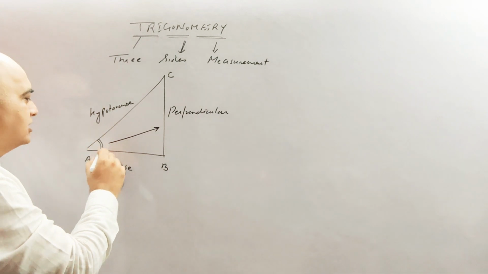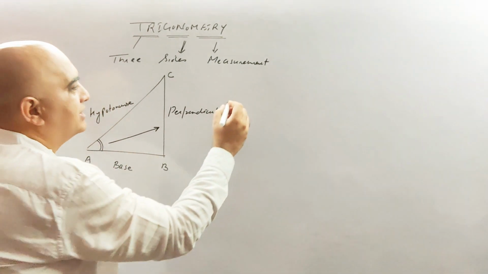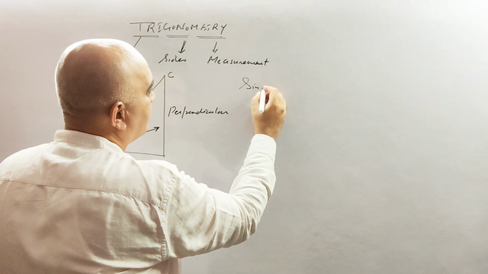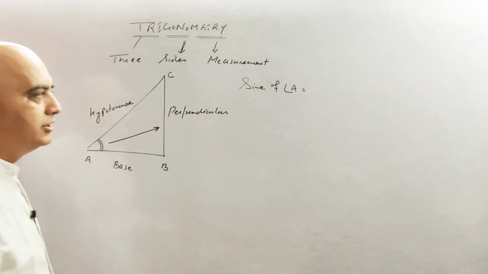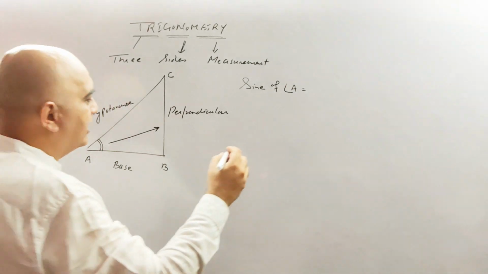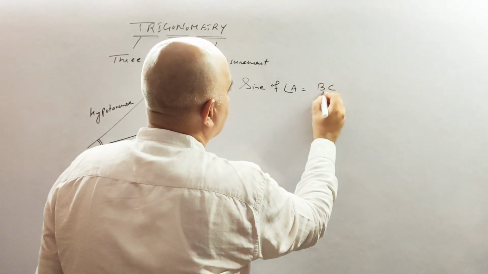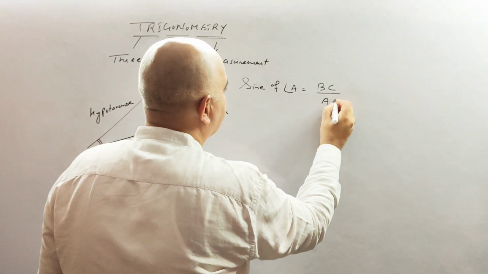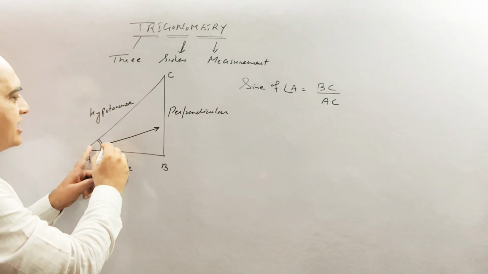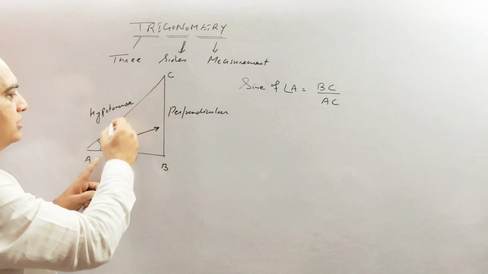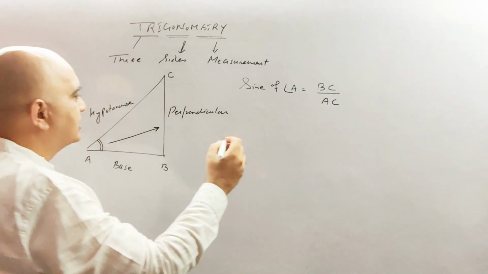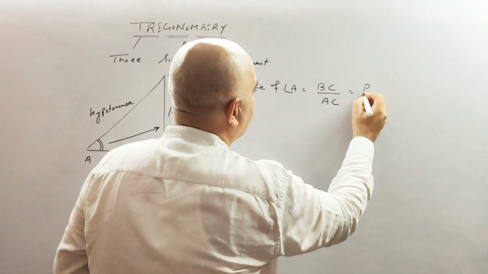Whenever we calculate the sine of angle A, then sine of angle A is defined as BC upon AC. BC means the side which is opposite to the given angle A upon this hypotenuse. So we can say it is perpendicular upon hypotenuse.